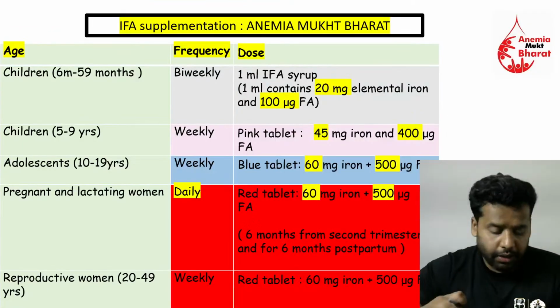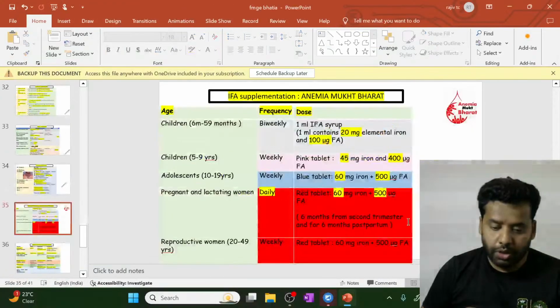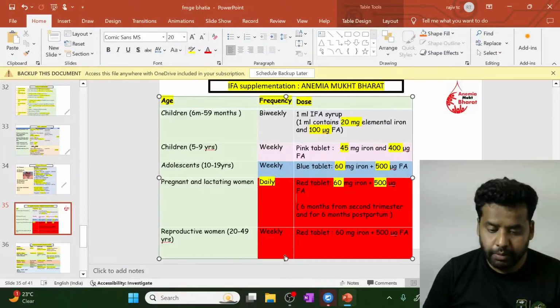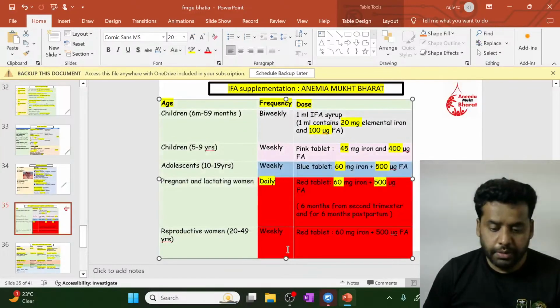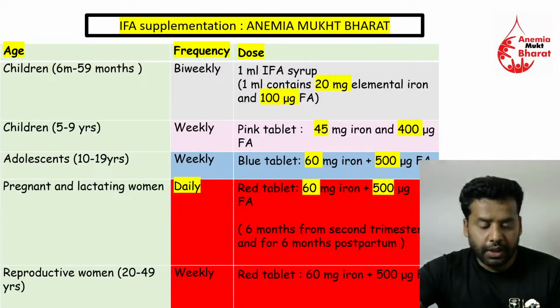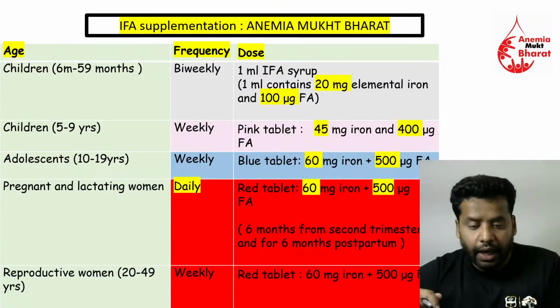Anemia Mukt Bharat, very important guidelines. Which age group will get what? You should know this. What is the supplementation in different age groups in Anemia Mukt Bharat? If they frame this question, starting from 6 months to 5 years, we give IFA syrup.